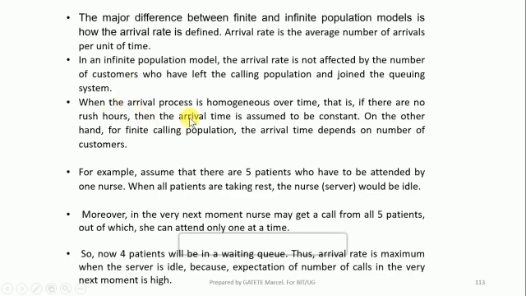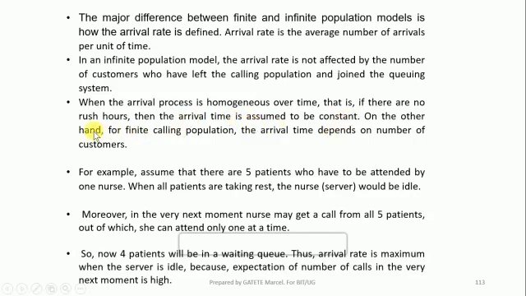When the arrival process is homogeneous over time, it means that the arrival process is almost the same. That is, if there are no rush hours, no hours where customers will come in big numbers, the arrival rate is assumed to be constant.